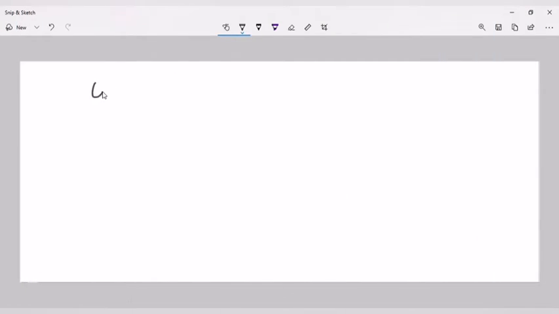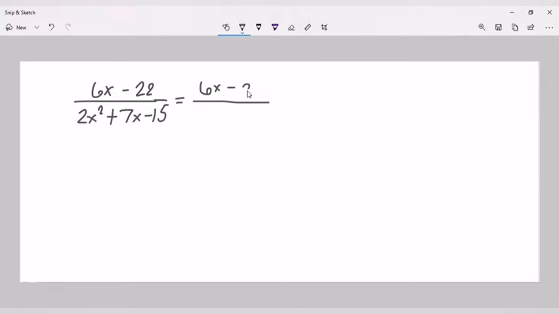Now, let us take the first example, 6x minus 22 all over 2x squared plus 7x minus 15. Just like what I did earlier, let us find the factors of the denominator. That makes the equation 6x minus 22 all over the factors, 2x minus 3 multiplied by the quantity x plus 5.